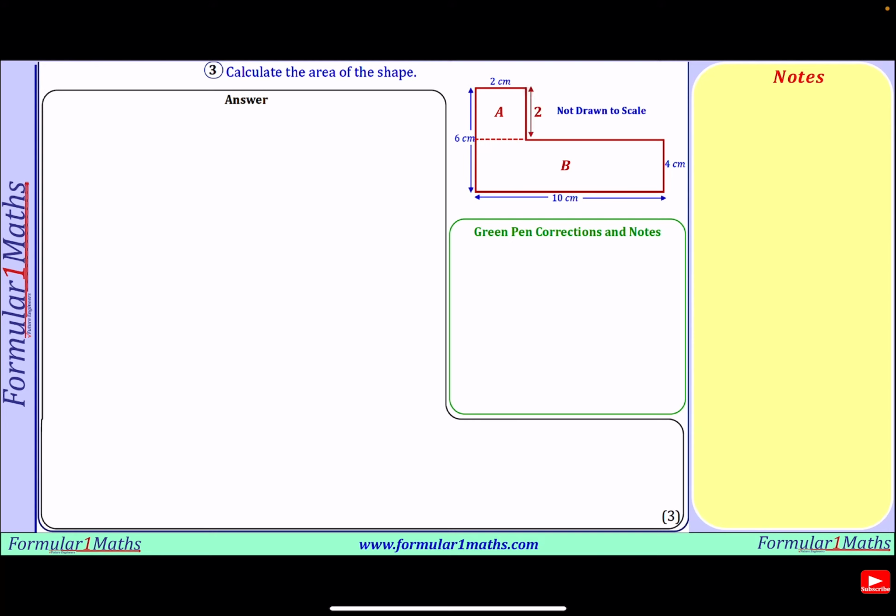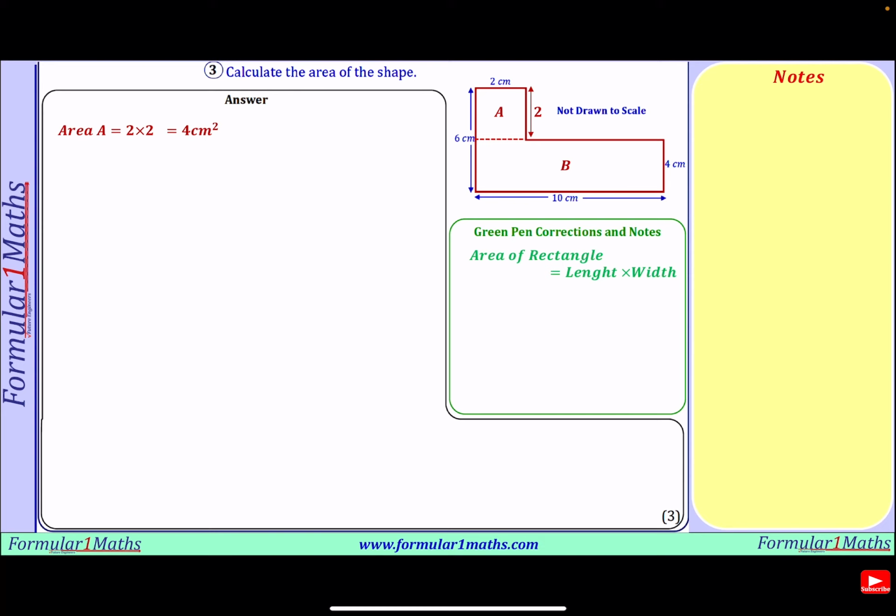Now I'm in the position to find the area of A. So area A, using the formula for finding the area of a rectangle, which is length times width, will be 2 times 2, which is equal to 4 centimeters squared.